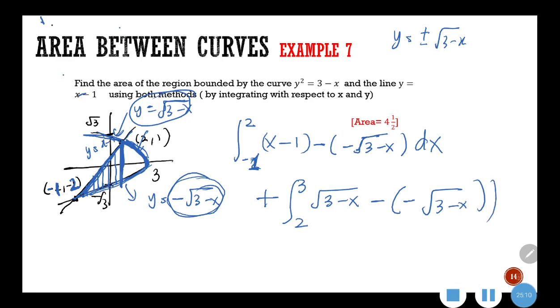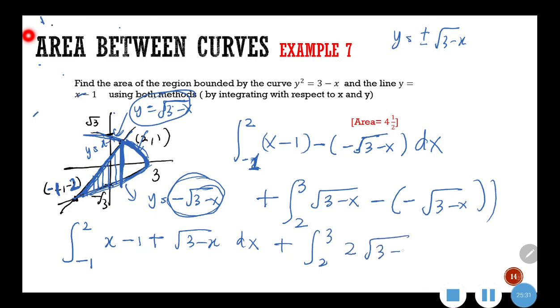So the integration becomes the integral from negative 1 to 2 of x minus 1 plus the square root of 3 minus x dx, plus the integral from 2 to 3 of 2 times the square root of 3 minus x dx.